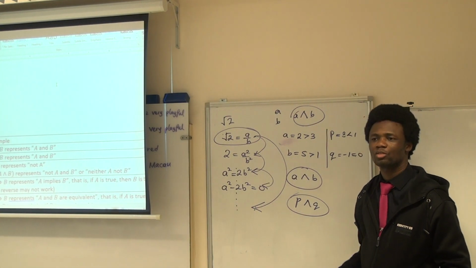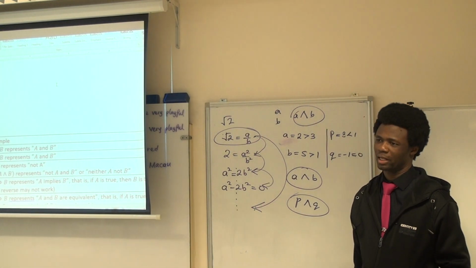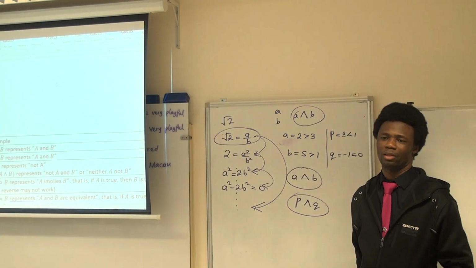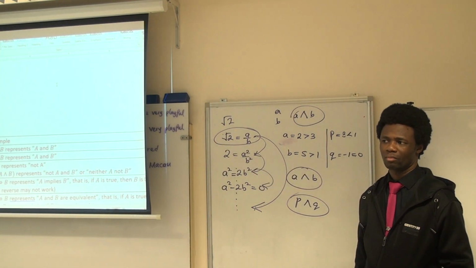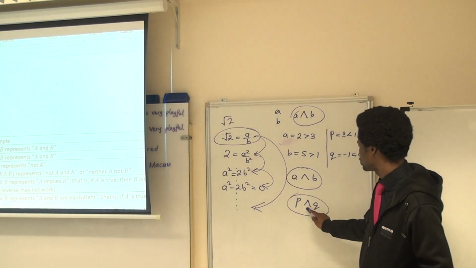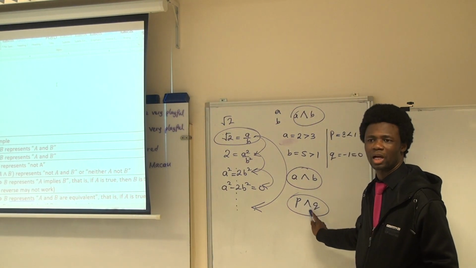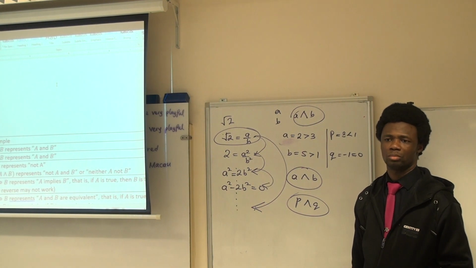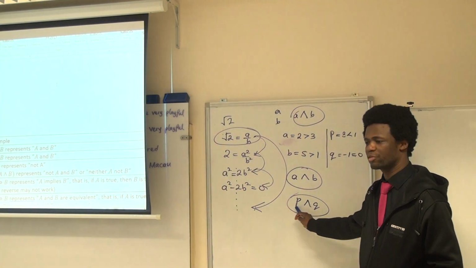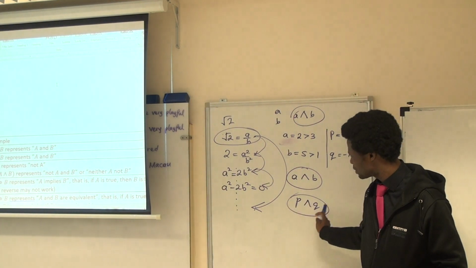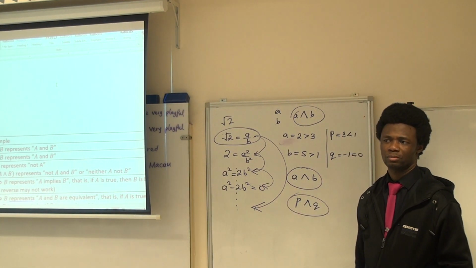False. I'm just trying to trick you. You are right. I need you to be sure. I need you to convince me. So, conjunction will always be true if the component statements are true. If one of them is false or both of them are false, the entire statement is false.